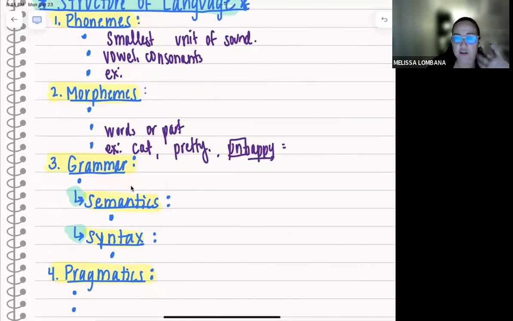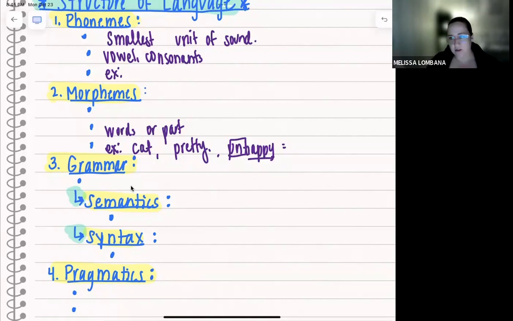These are the rules we need to communicate with one another, and they make it make sense. Under grammar, there's a word called semantics. Semantics is what gives meaning from the sounds. Semantics allows us to give meaning to the word.